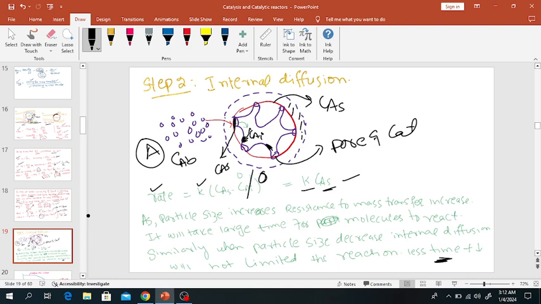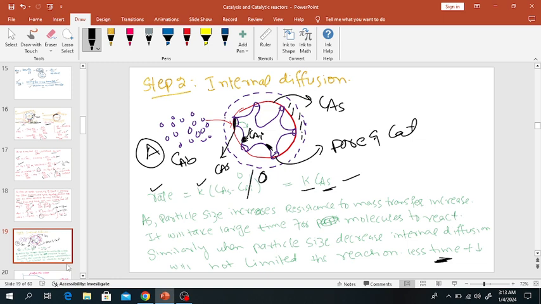When we decrease the particle size of the catalyst, the reaction time will decrease and the molecule will take less time inside the catalyst pore. But when we increase the particle size, the molecule will take a long time to react and adsorb on the inside surface of the pore of the catalyst.